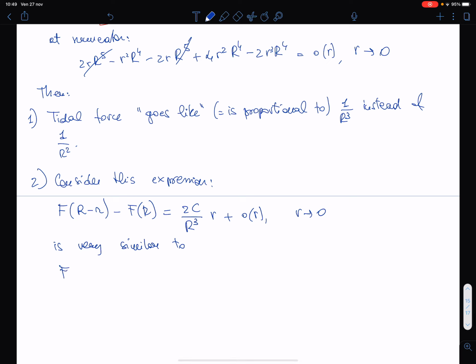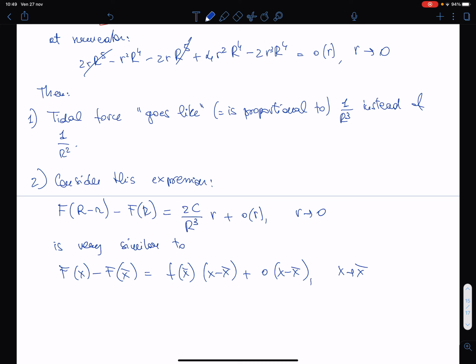what we wrote in the fundamental theorem of integral calculus. Capital F of x minus F of x bar is equal to another function f of x bar, times x minus x bar, plus little-o of x minus x bar, as x goes to x bar.